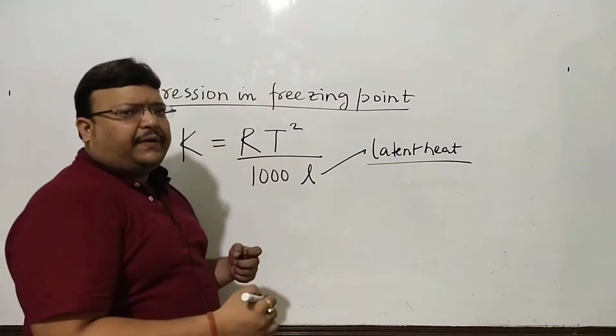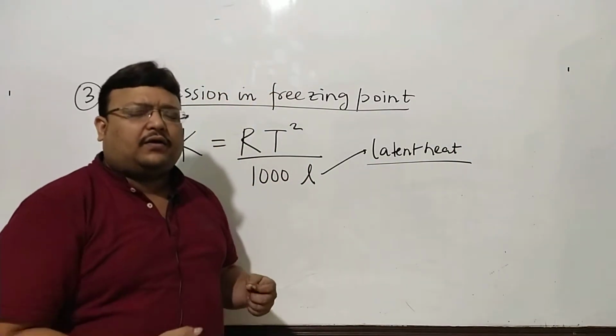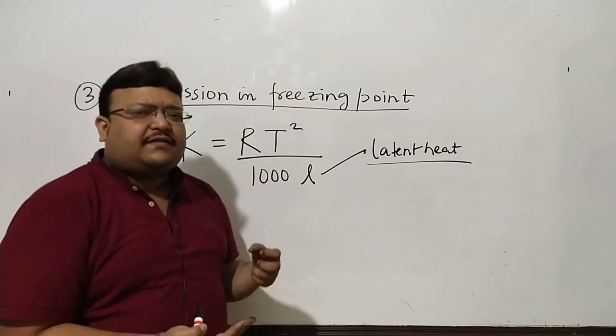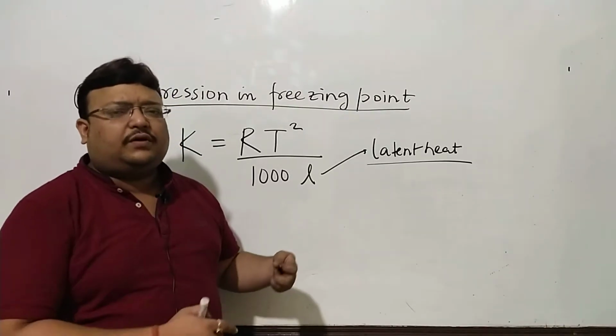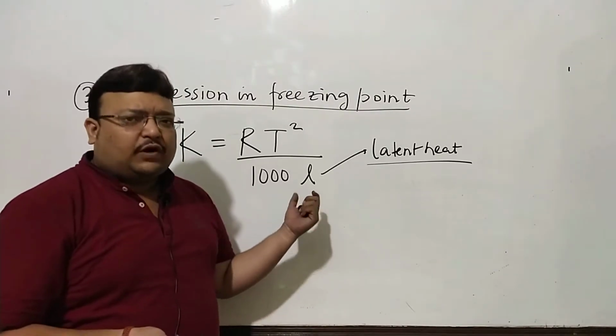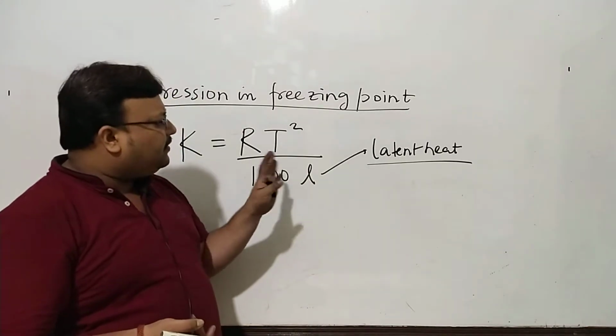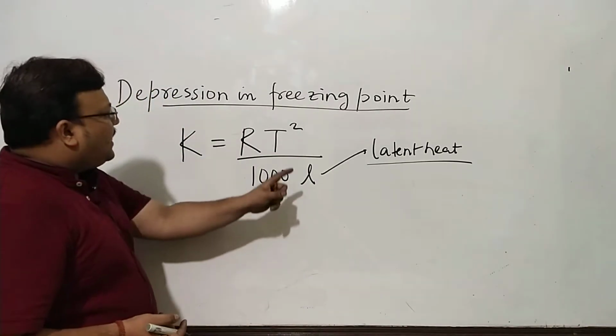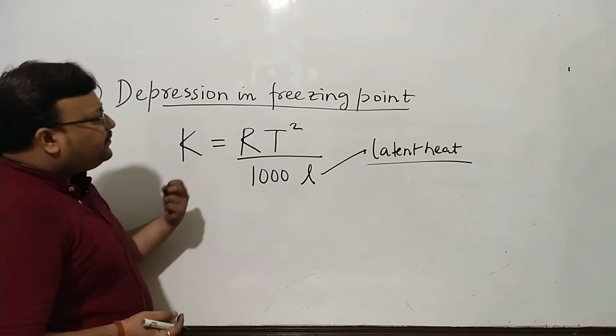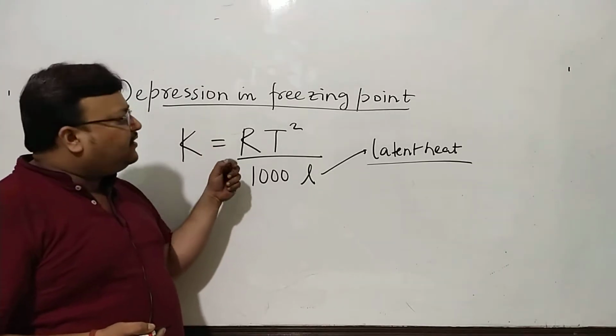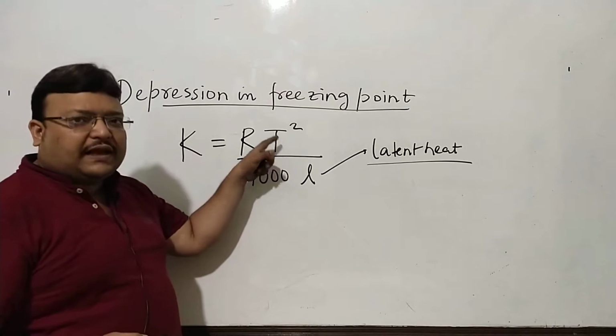For a change of state, be it boiling or melting, some amount of heat goes to bring that change of state without a change in temperature, and you call it latent heat. So this is how you can calculate the K for any liquid, where R is the universal gas constant, T is the temperature in Kelvin.